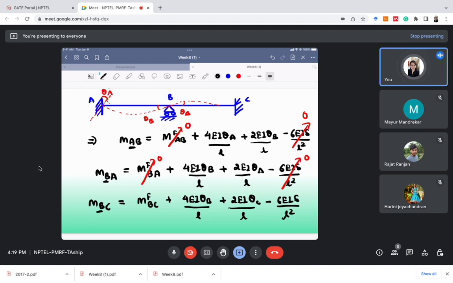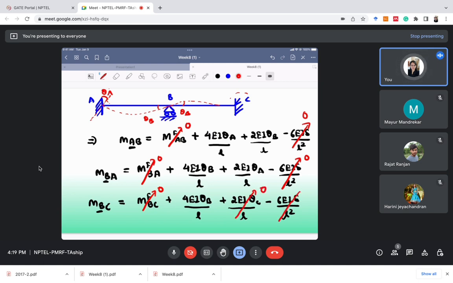See, these equations are very easy, but you should watch the terms and the sign conventions that might be there, otherwise there might be some mistake. MFBC is 0 because there is no external loading in the span BC. Theta B is there. Theta C will be 0, because C is a fixed support.